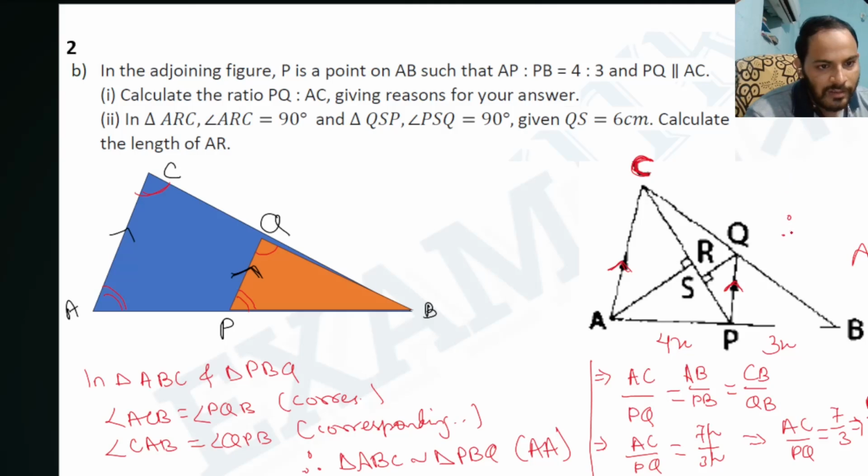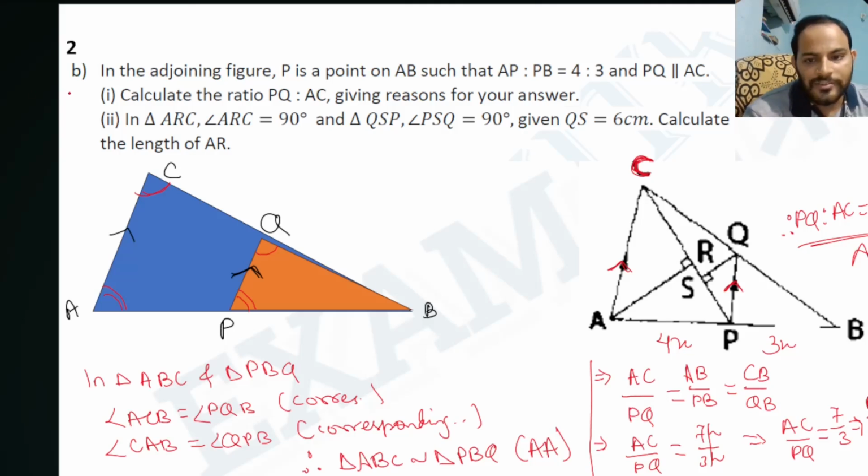Therefore PQ is to AC is 3 is to 7. I hope you understood the solution of this question. The basic idea is we need to make two triangles similar so that we can obtain the ratio of their corresponding sides.